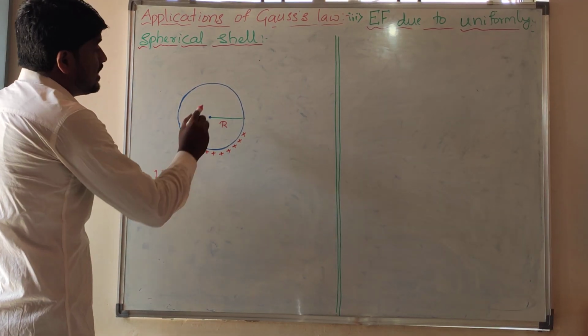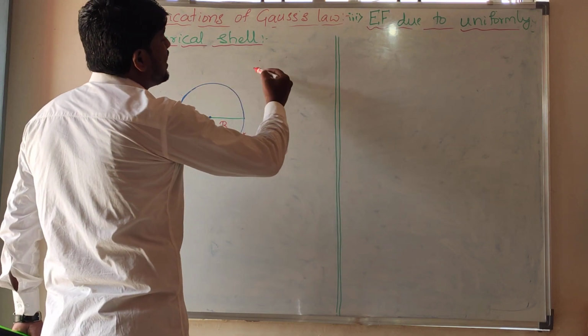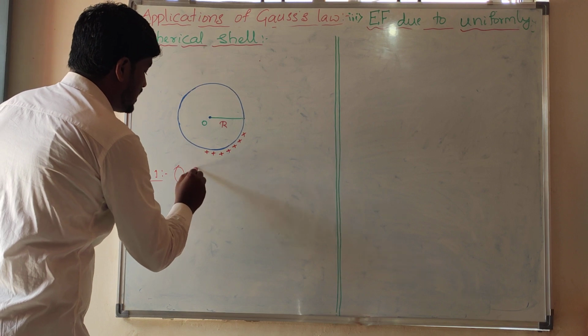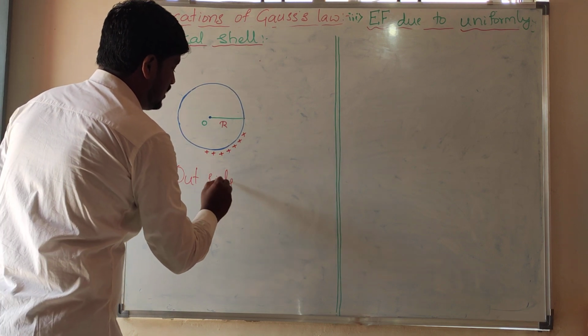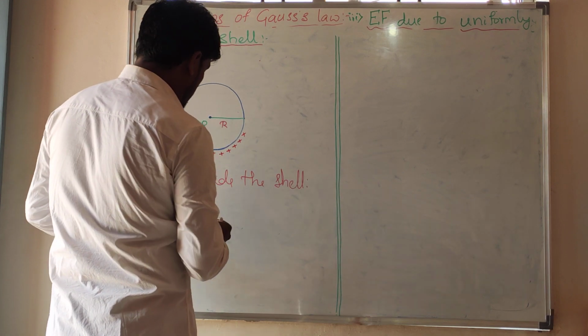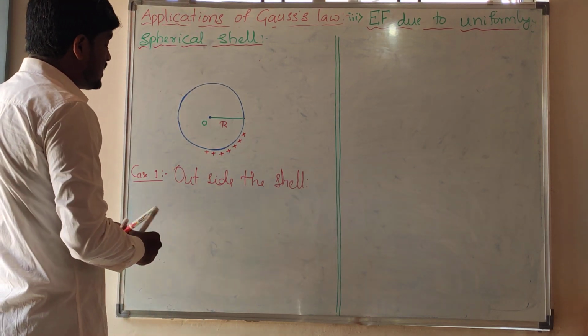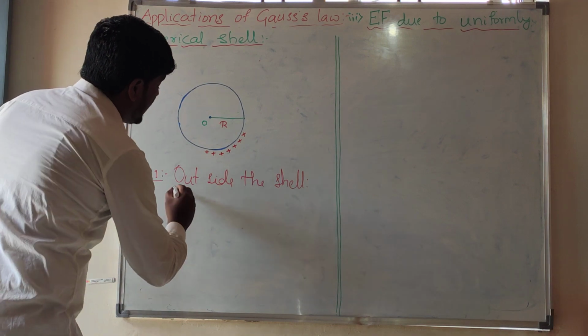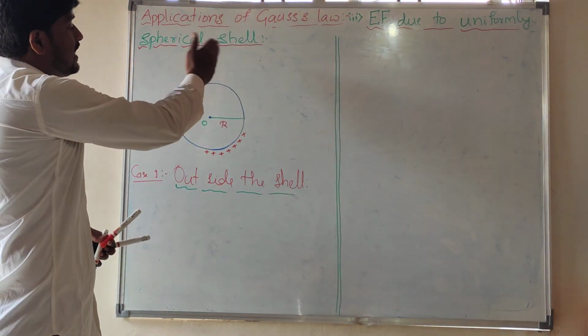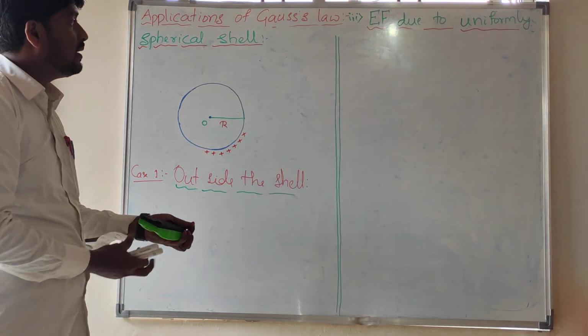Case 1 says that point P lies outside the spherical shell. So the first case is that we are calculating the electric field outside the spherical shell. How to describe the diagram?